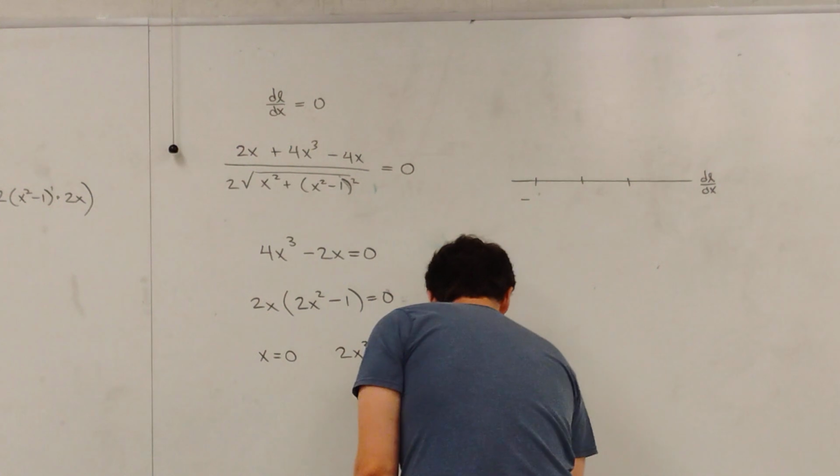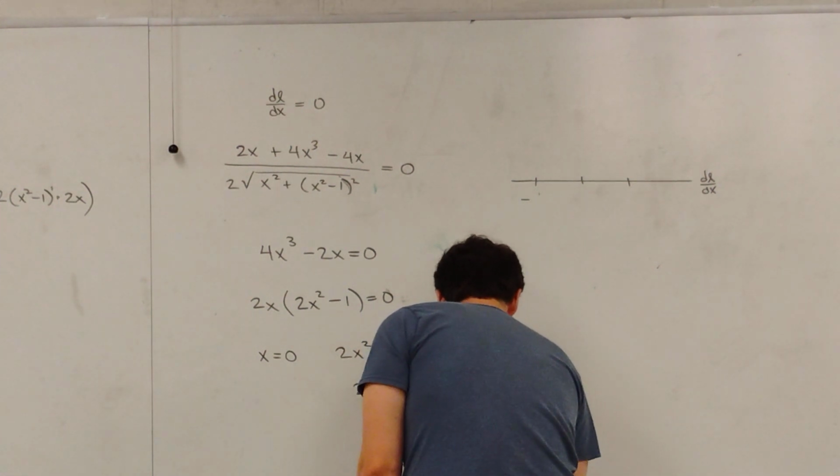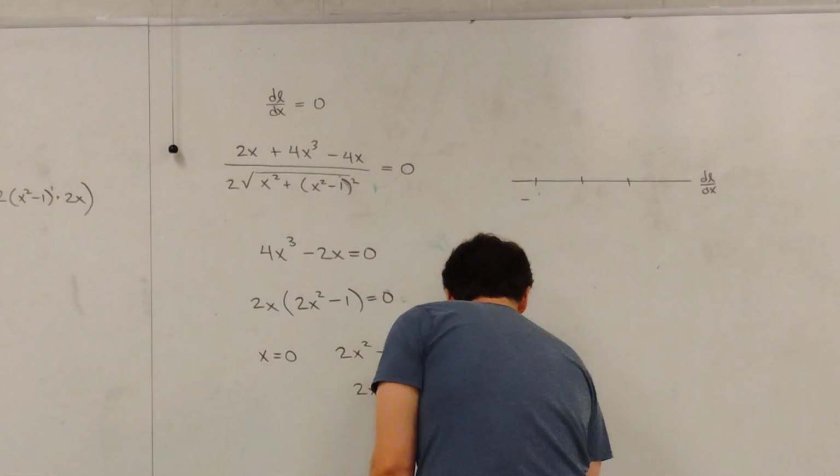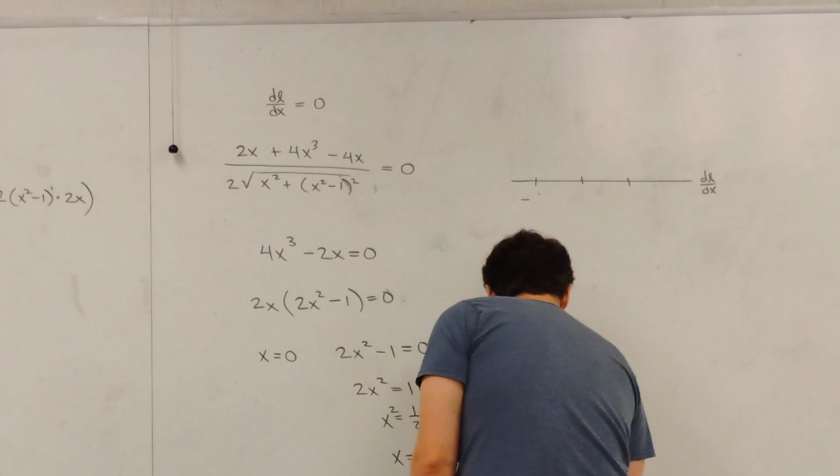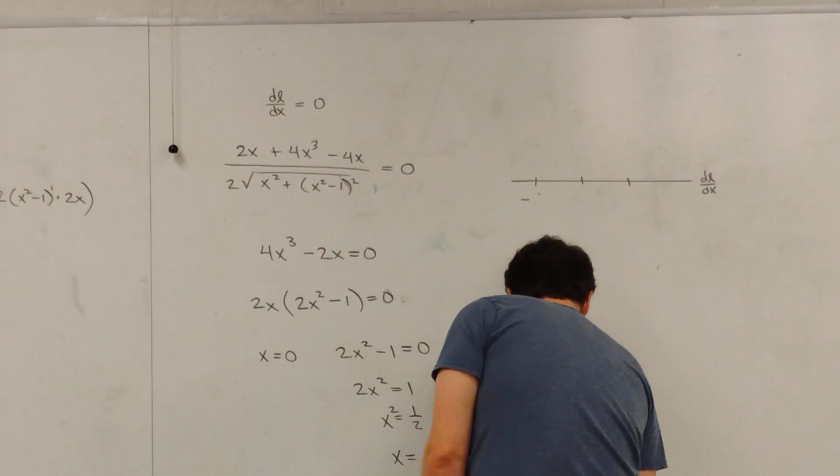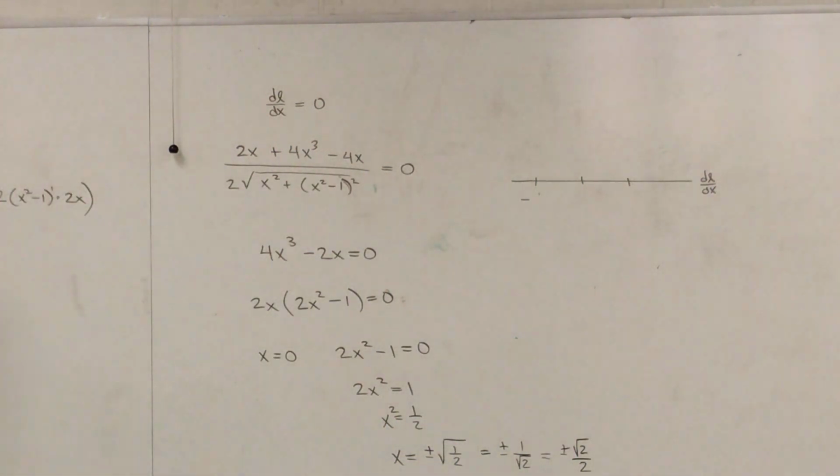If we wanted to clean this up, square root of a fraction, you can take the square root of the top, square root of the bottom. And if we were super particular, and we wanted to rationalize, you could multiply by root 2 over root 2.